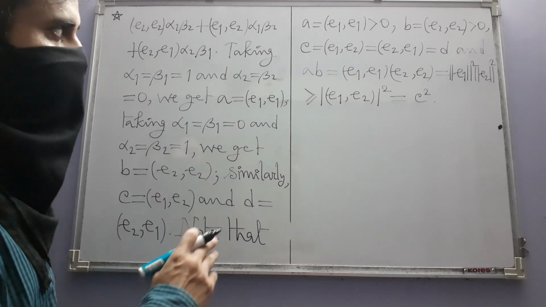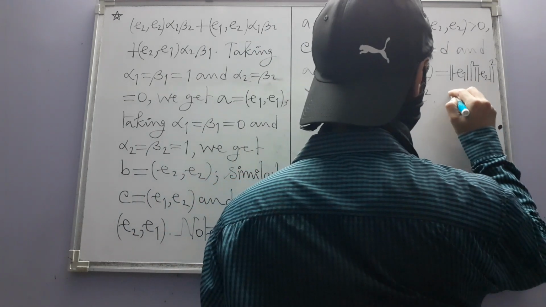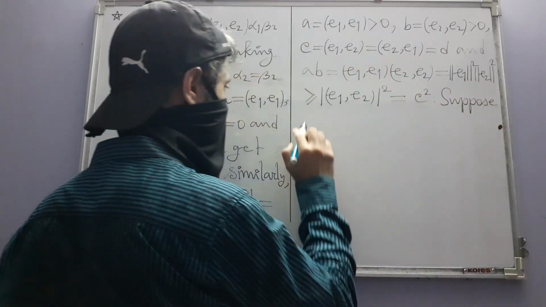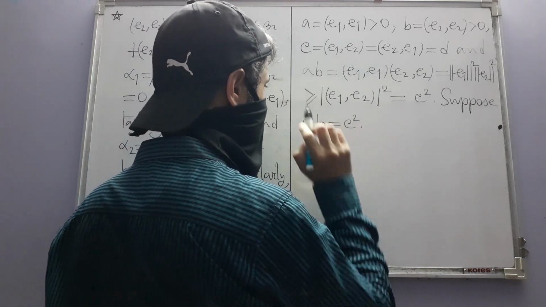Now what happens if AB is equal to C square? Let's see. Suppose AB is equal to C square.